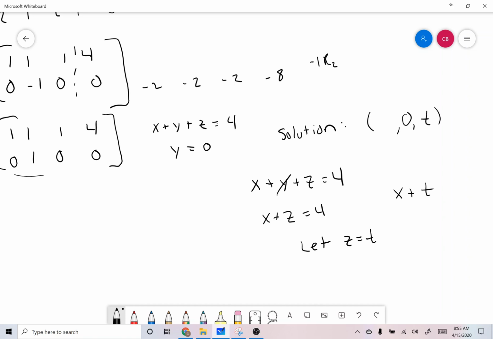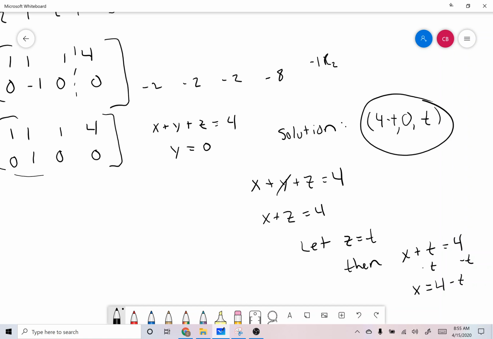Then x plus t is equal to 4, and x is equal to 4 minus t. Anything that is of this form, you pick a value for t, and then you get what x is, that will be a solution to this system.